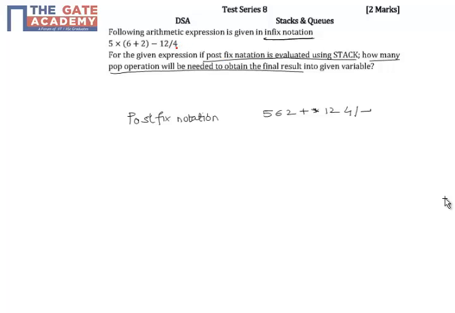And finally we have 4, so we append 4 to the output and pop all the operators from the stack and append them one by one. So we have the division operator followed by the subtraction operator. Now we need to evaluate this expression using stack, which is explained as follows.